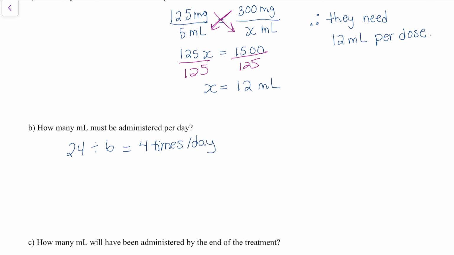Okay, so in a 24-hour period, if it's every 6 hours, they're going to take it 4 times a day. So now we're going to do our 12 milliliters times 4, and we get 48 milliliters per day.